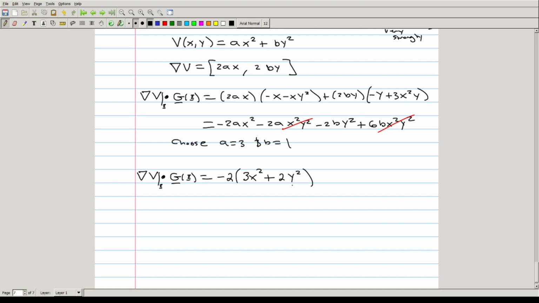For any value of x and y, this is always going to be positive, and therefore this is going to be strictly less than 0 for all x, y not equal to the critical point xi star.